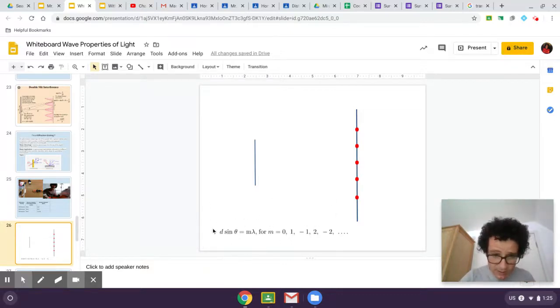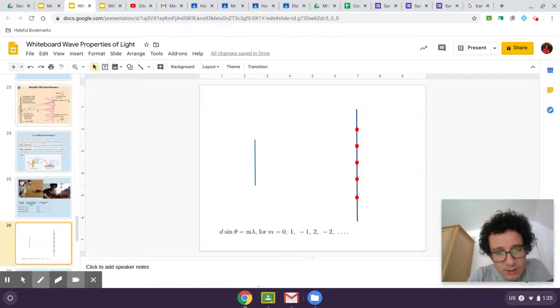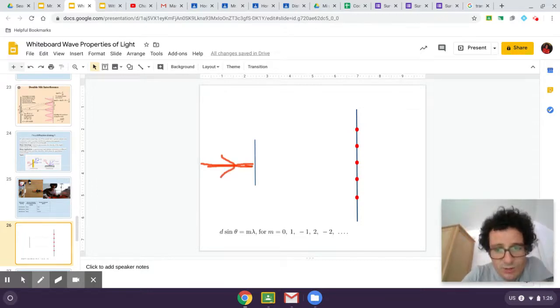And let's have a look at what all of these things inside the equation are. As you saw, the beam of the laser comes here, goes through the grating, and then we have all of these dots over there.